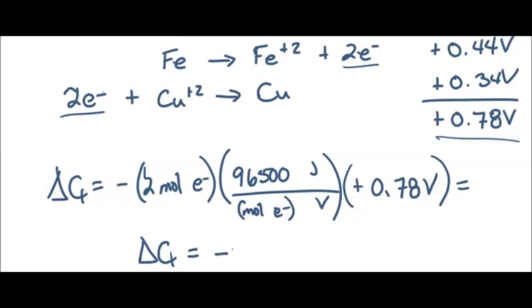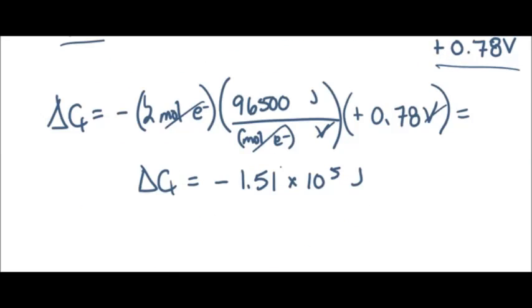So I know I'm going to get a negative value here. And I come up with 1.5 times 10 to the 5th. And what's my units here? Moles of electrons are gone. Volts are gone. Left with joules. Now, if the question was just asking for the value for delta G, we'd be done.